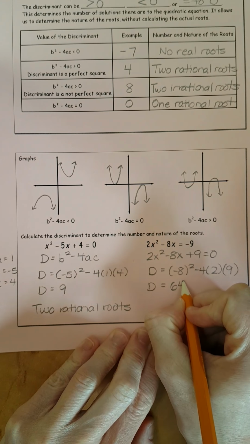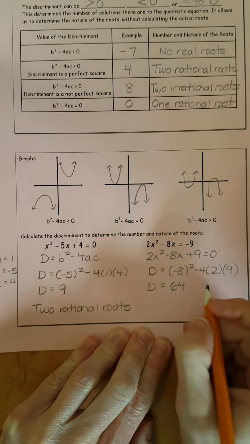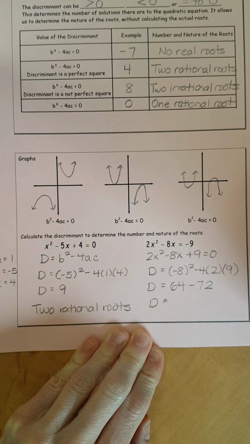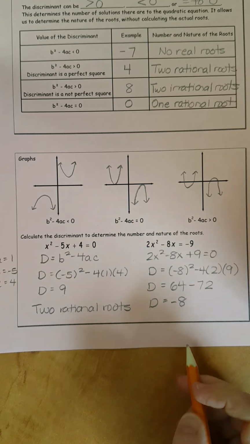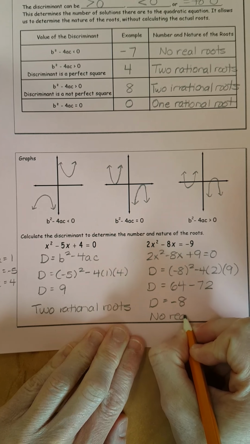So 64, and 4 times 9 times 2 is 72. So 64 minus 72 is negative 8. When we try to take the square root of a negative number, it doesn't work. So we end up with no real roots.